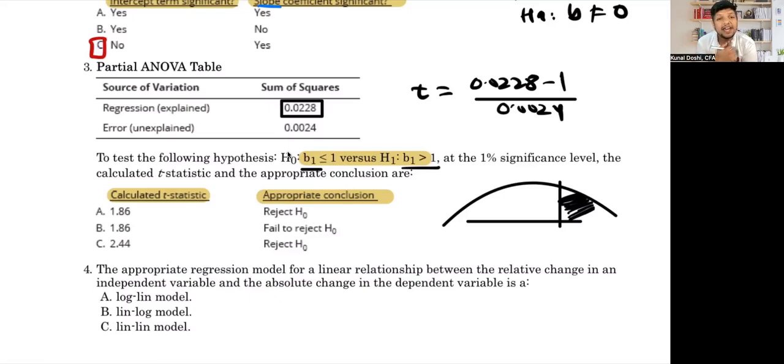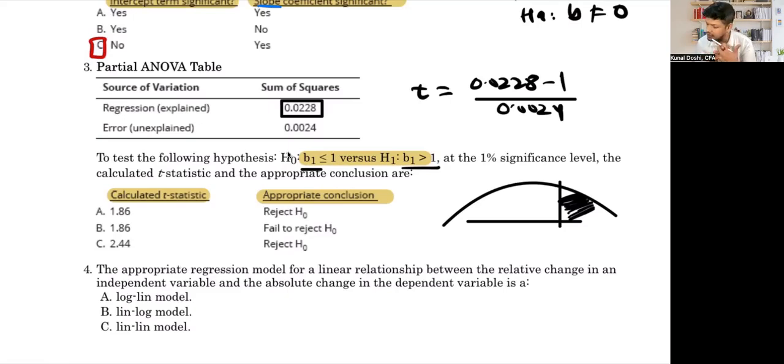The problem is that we are using the standard error, but if you see, your error is 0.0024, am I correct? And the regression explained is 0.0028.